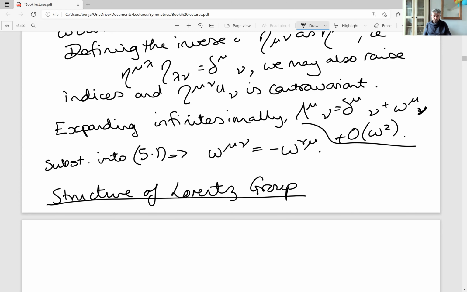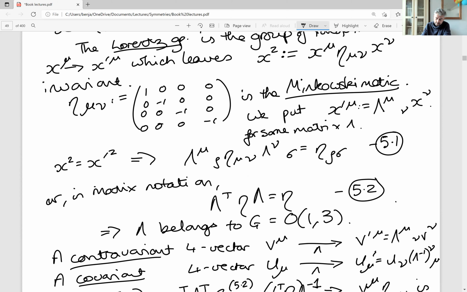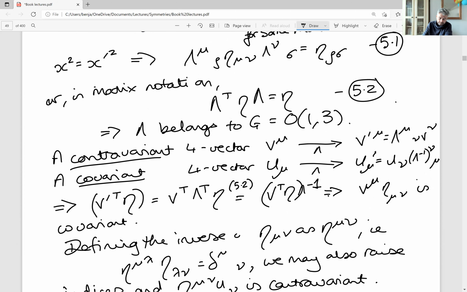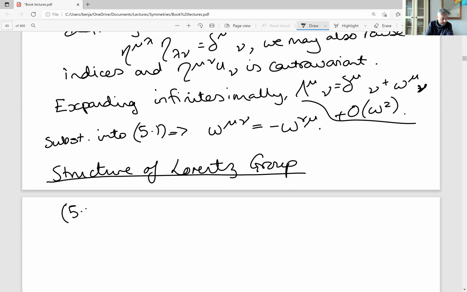We can look at equation 5.2 and take the determinant of each side. The determinant of a product is equal to the product of the determinants, and the transpose doesn't make any difference to the determinant. So we get that det lambda squared is equal to +1. And so 5.2 implies that the det of lambda is equal to plus or minus 1.